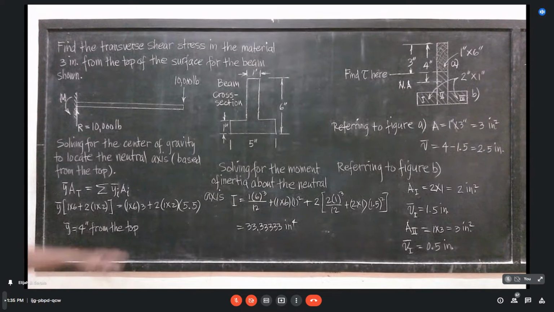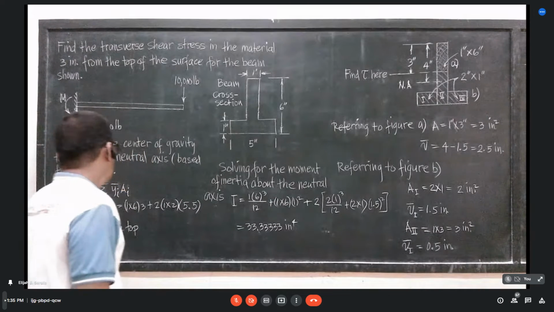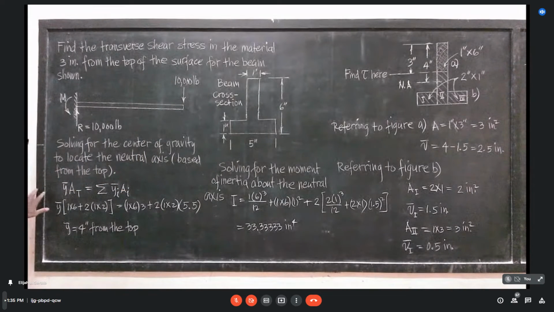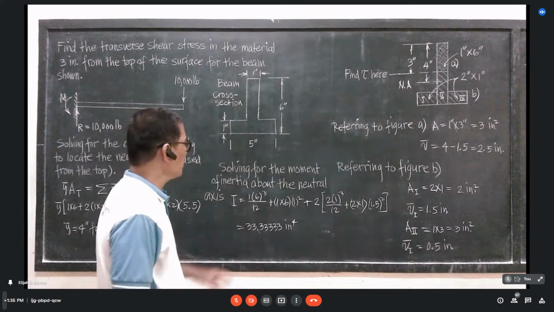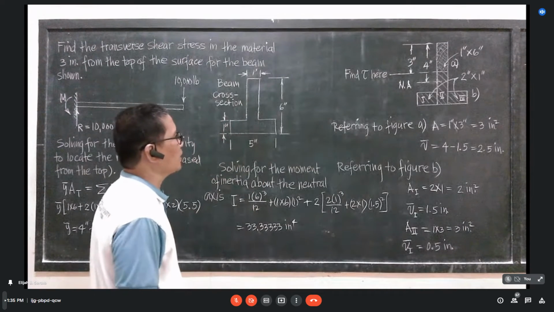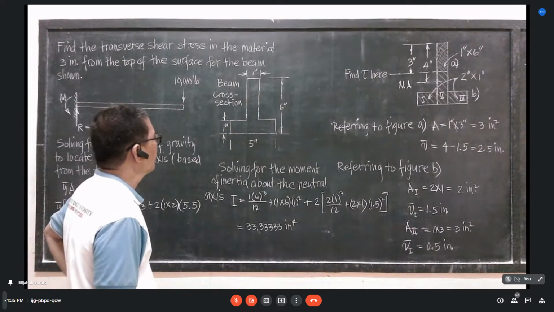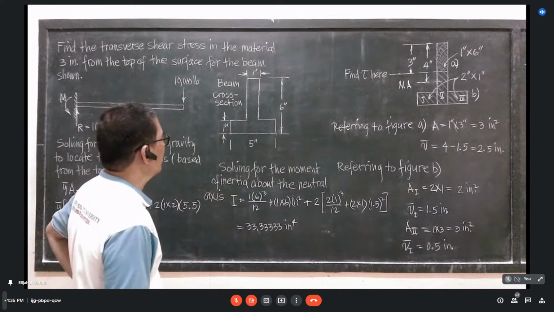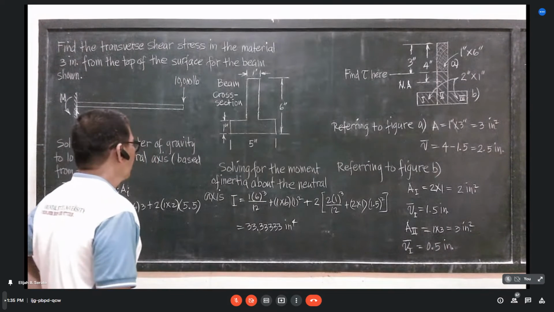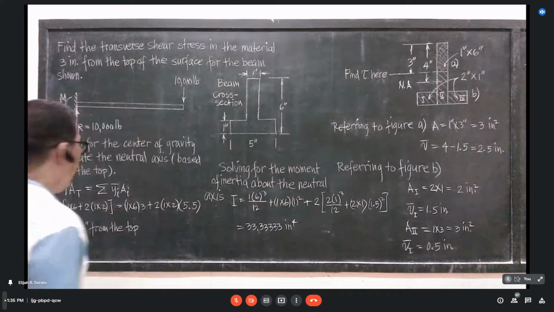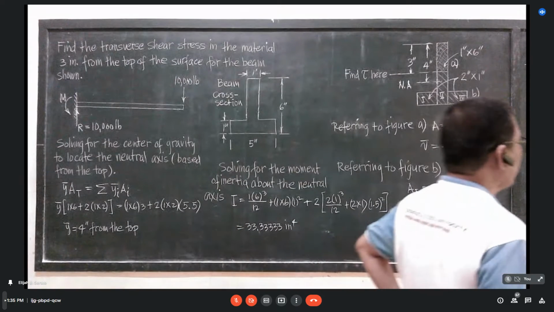So before we can determine the I, we have to determine the center of gravity or the centroid of the cross-section, because that is where the neutral axis will pass through. The centroid or the center of gravity of the cross-section. Now, how do you determine the centroid or the center of gravity of a cross-section?